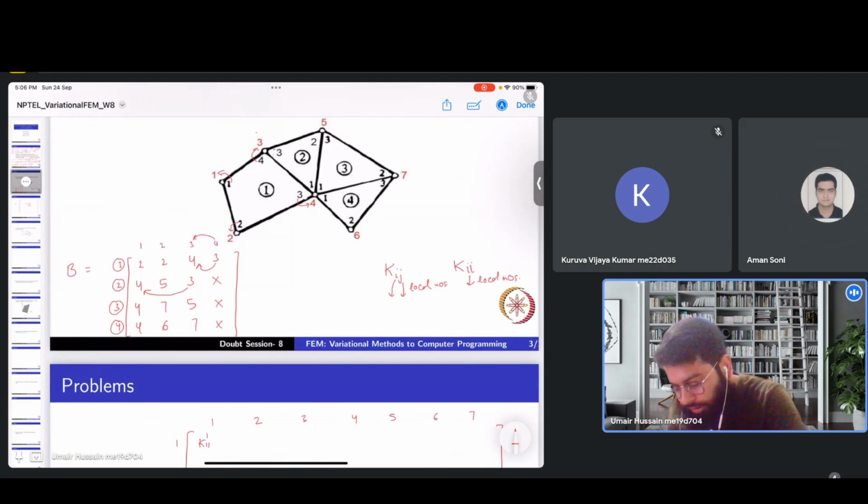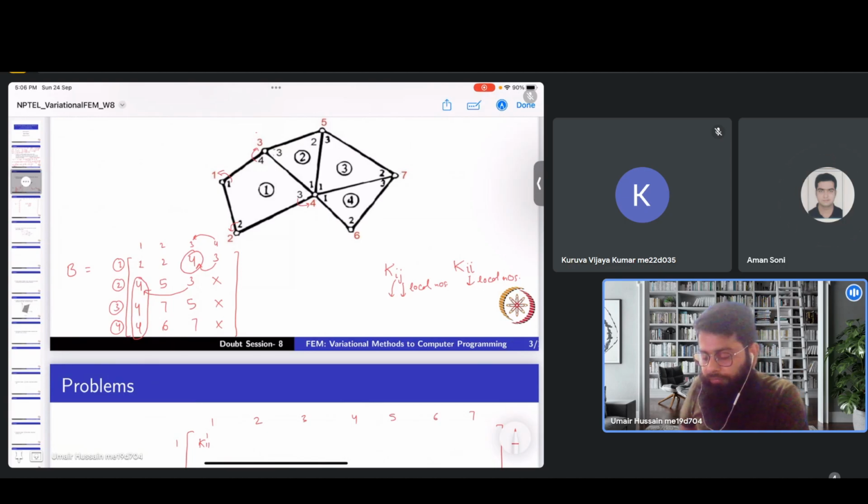If you just look at this matrix here, you identify where all four is coming, and from the corresponding position of that global node number in the matrix, we use the corresponding value.